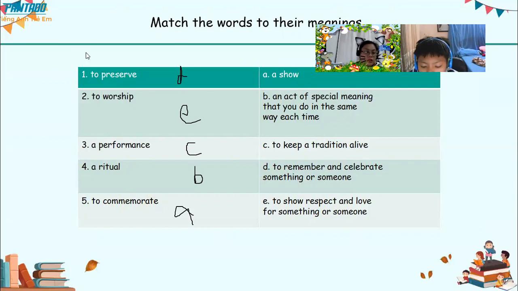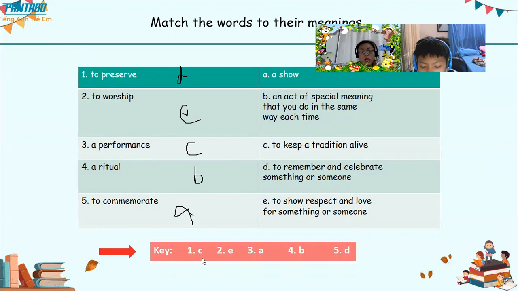Let's see. One is C, to preserve, to keep a tradition alive. So to preserve, the keyword that you have to look for is to keep. That is the key point for the word preserve. To worship, E, to show respect and love for something or someone. Very good. Number three, it's A. A performance is a show.